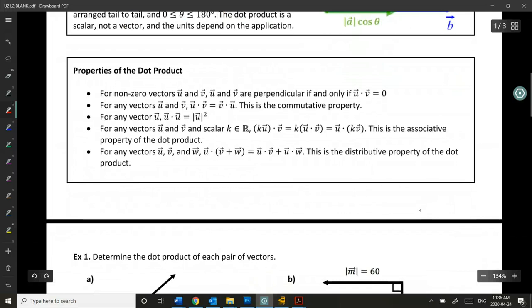All right, a couple of properties of the dot product. We can tell if two vectors are perpendicular to one another if the dot product of those vectors equals 0. That basically means that if I have two vectors that are perpendicular, or at a right angle, there are no components of those vectors that go in the same direction as one another.